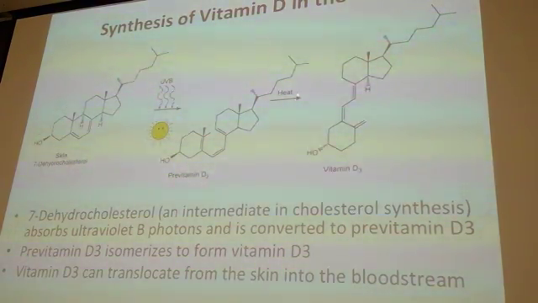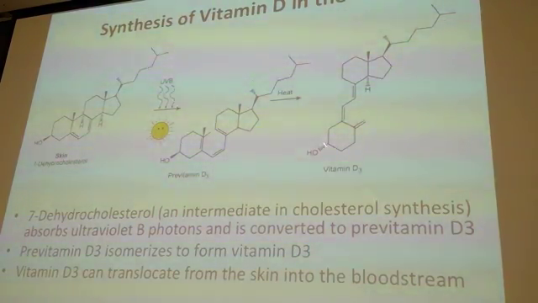Then in response to heat, and this isn't like 100 degrees Celsius heat, it's just our body heat, it'll undergo isomerization into this vitamin D3 molecule, which we saw in the last slide. So the two steps are the absorption of this UVB photon, which causes this alteration in the structure, forming pre-vitamin D3, and then this isomerization of some of these double bonds to give rise to our vitamin D3.